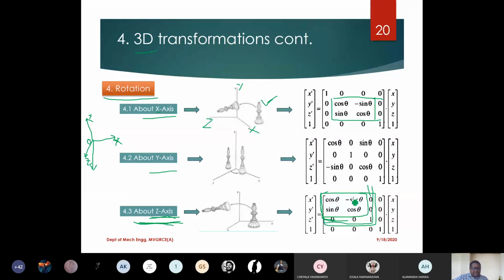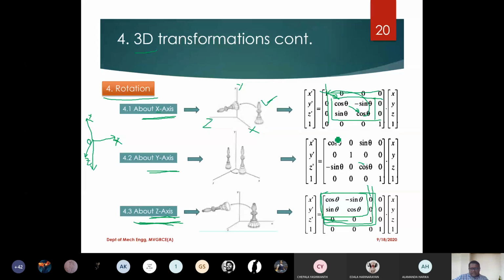Whereas if you look at the x-axis, about the x-axis means the first row and first column should be filled with zeros and ones, and the cos theta, minus sin theta, cos theta terms are brought down. Now if your requirement is the y-axis, further you need to bring these two down, which means this cos theta will go back to this one, right?